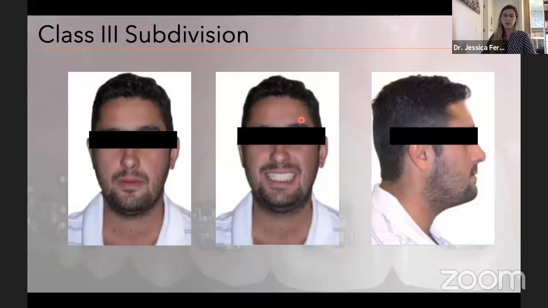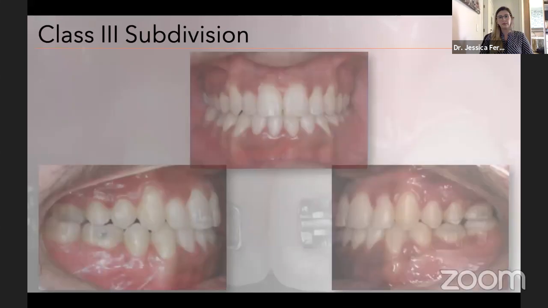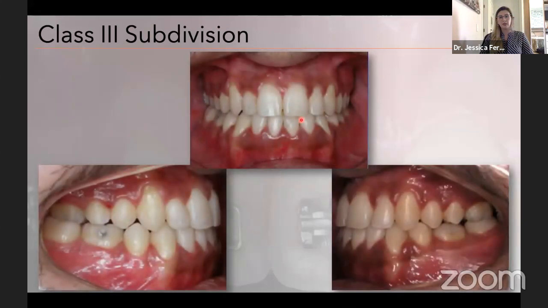Here at the end of the treatment, we can see in his smile photograph that he had a dental midline coincidence, both maxillary and mandibular, to the mid-sagittal plane. His final photographs, the coincidence of the dental midline.